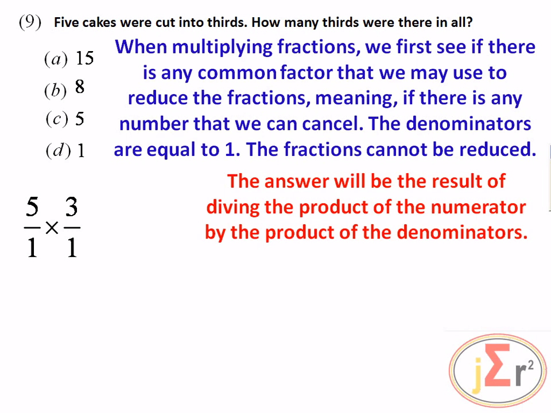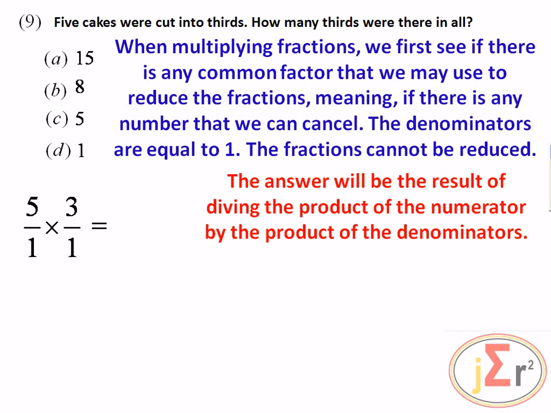The answer will be the result of dividing the product of the numerator by the product of the denominator. So any answer that we will find from henceforth will be the result of dividing the product of the numerator by the product of the denominator.